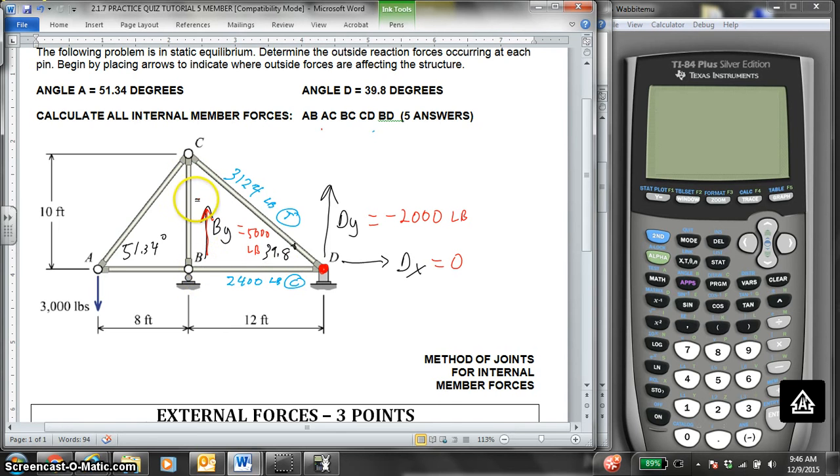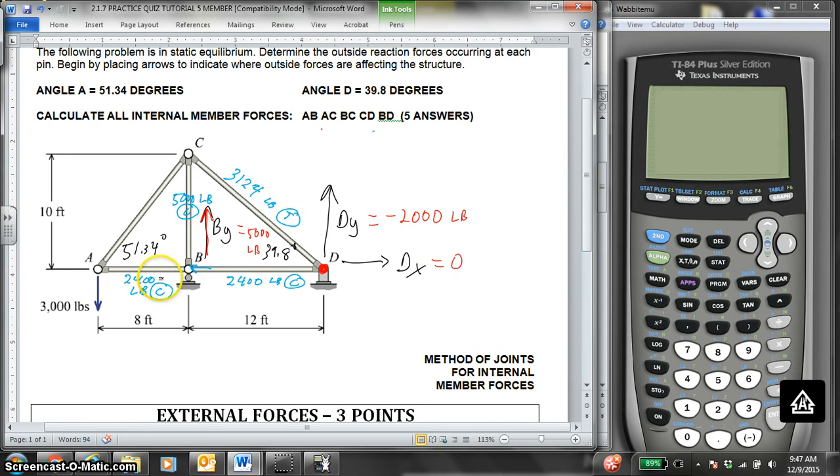It's getting compressed because By is pushing up on it and this 3,000 pounds is squeezing it together. So here I could write down 5,000 lb compression. And then since this is 2400 compression towards pin B, AB is also 2400 lb compression.